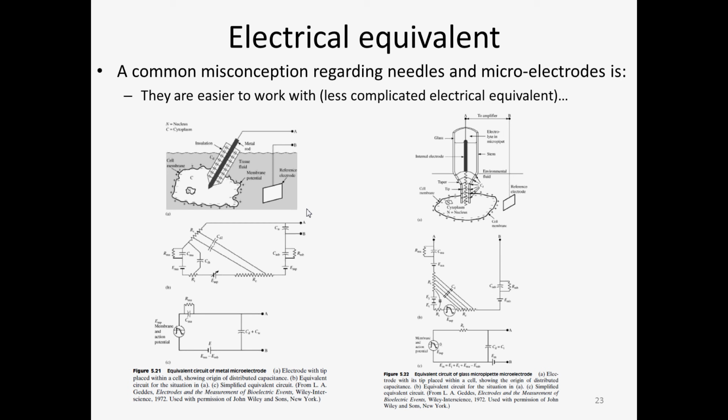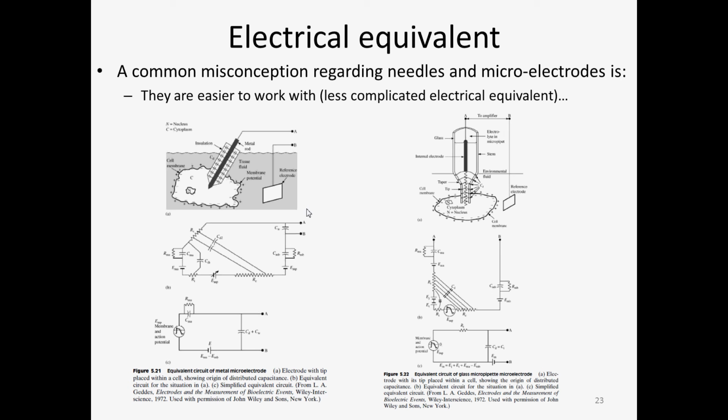Actually, the electrical model of pipette electrodes or needle electrodes could be more complicated than surface electrodes, particularly in the cases where you have a reference or a neutral electrode placed somewhere else that is not a pipette. And that's sometimes the case when you have a large bath with cells and pieces of nerve or brain slices, and you probe them and use the bath itself as a reference electrode.